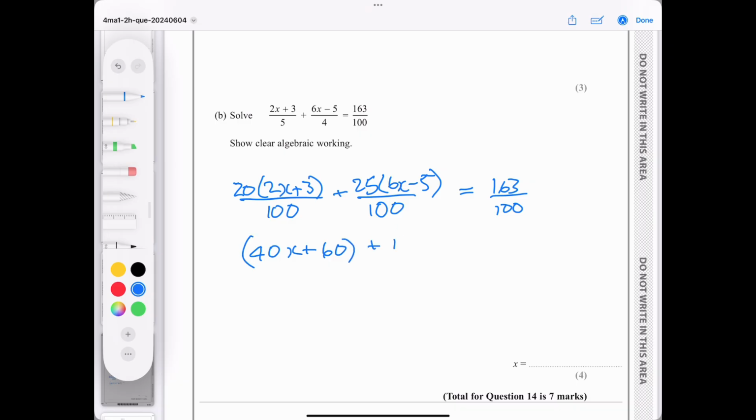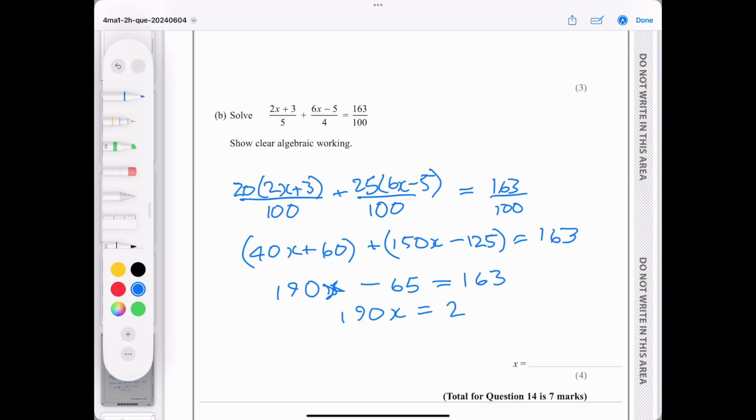plus 150x minus 125 equals 163. And then that means that's 190x, and so 60 minus 125 equals minus 65, equals 163, and then 190x equals, if you add that on, 228, and x equals 228 over 190.